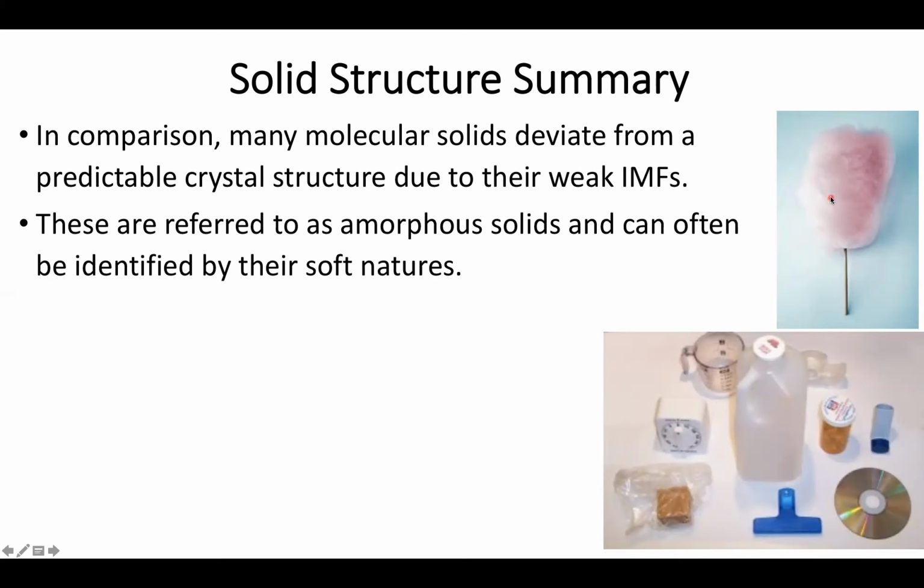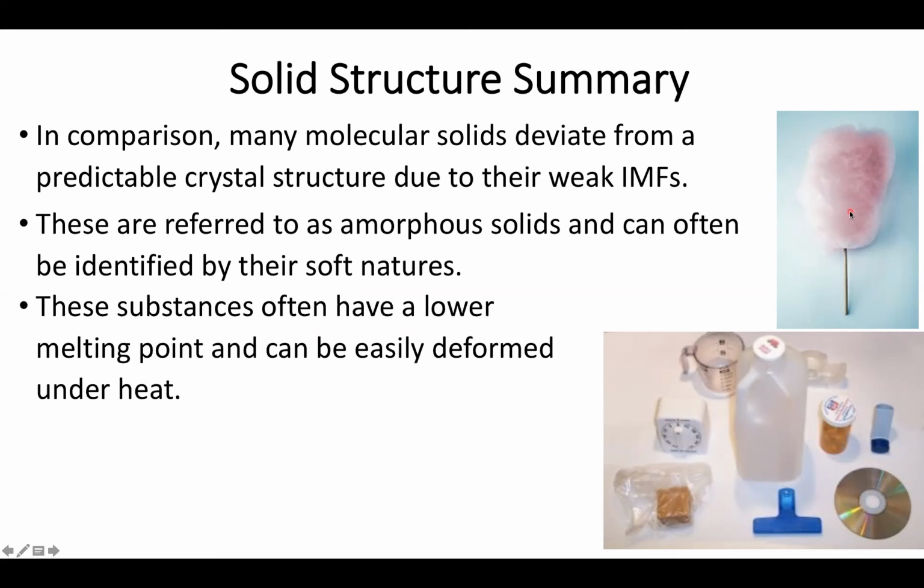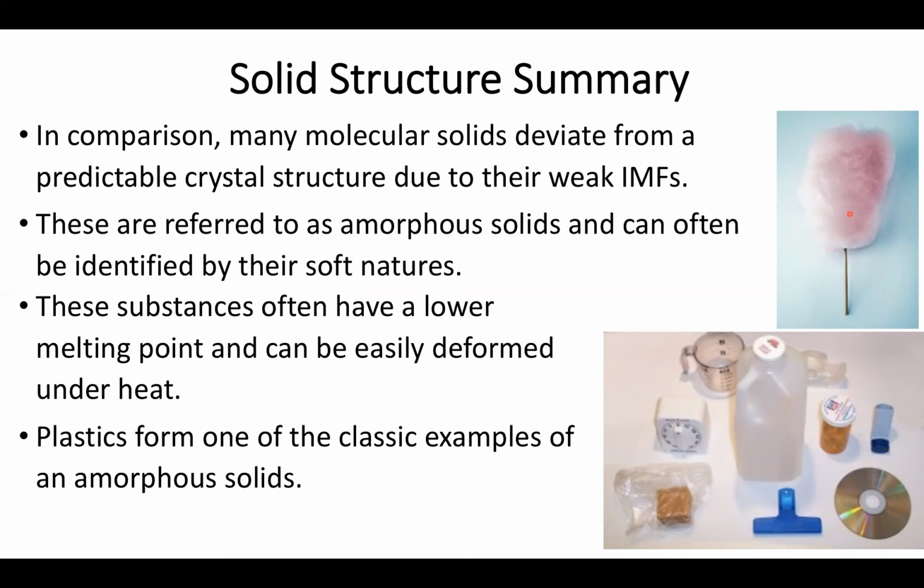So if you have cotton candy, you're essentially making long sugar strands, which again tends to be fairly chaotic. And it is worth noting, they tend to have fairly low melting points. And if you heat them slightly, they can start to deform. So again, a classic example of an amorphous solid is plastic. It's one of the reasons why it's so useful, because you can make it adopt any shape you want.